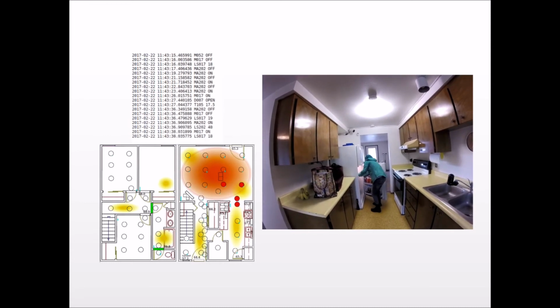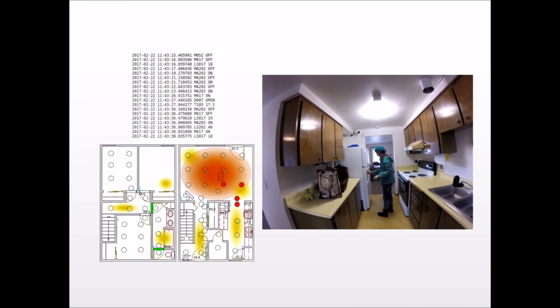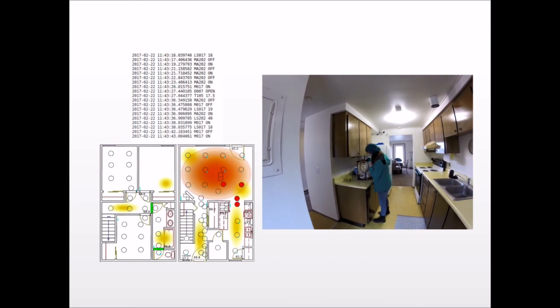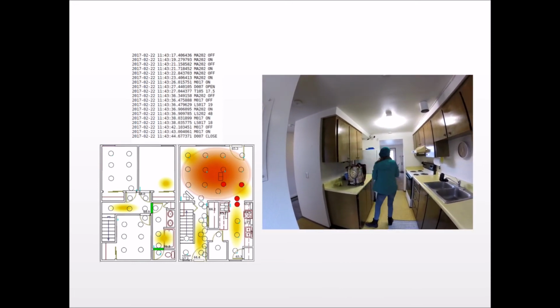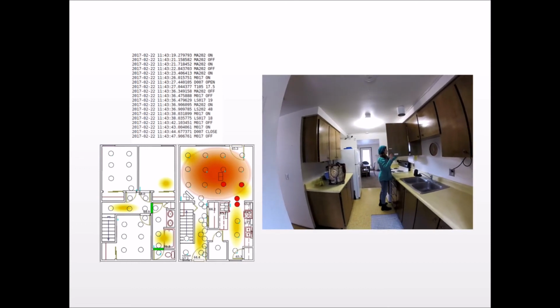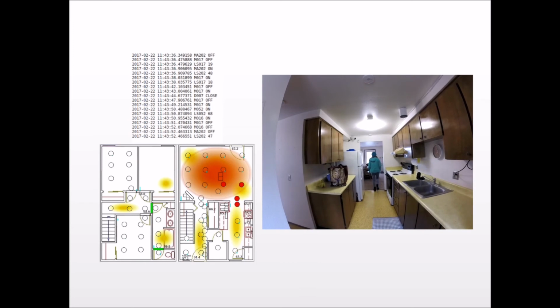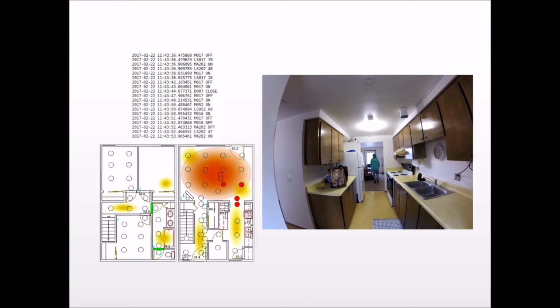There are even motion sensors in the refrigerator, so when the resident opens the refrigerator to put groceries there, we can see that she's accessing that area. And finally, she moves into the living room in order to start another activity.